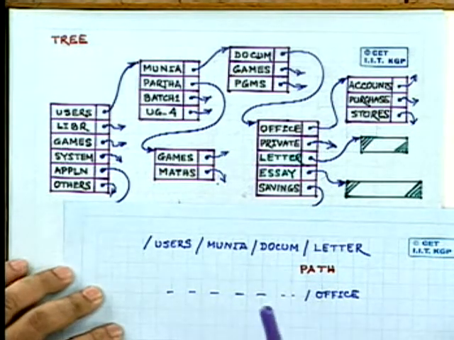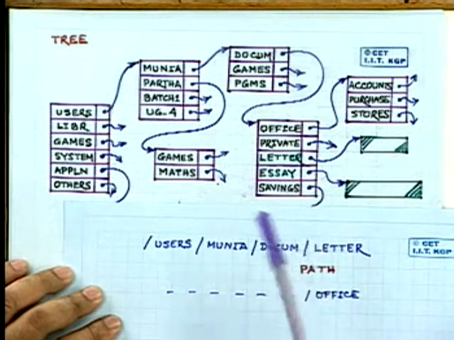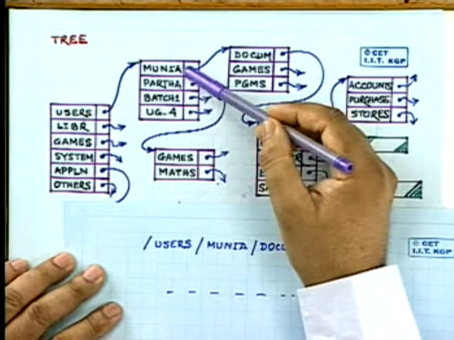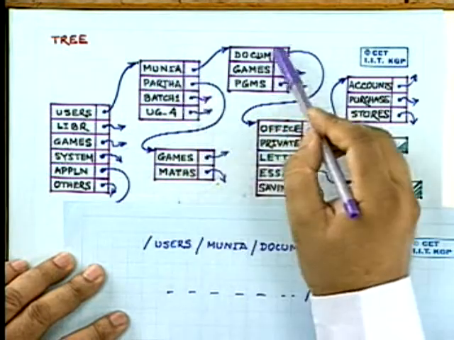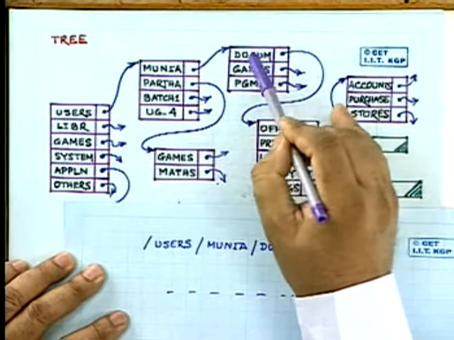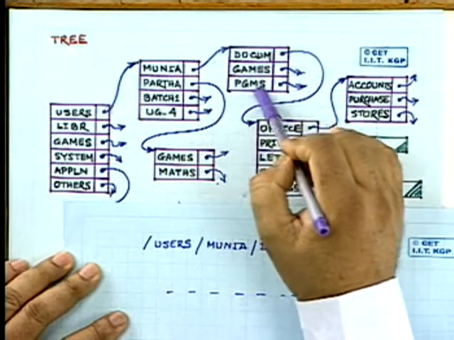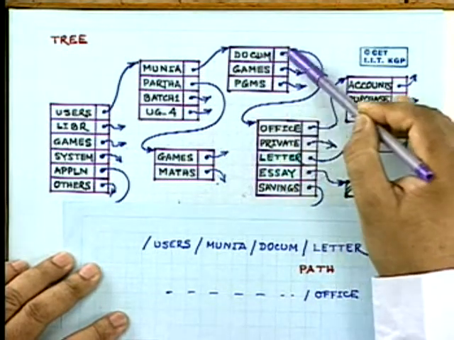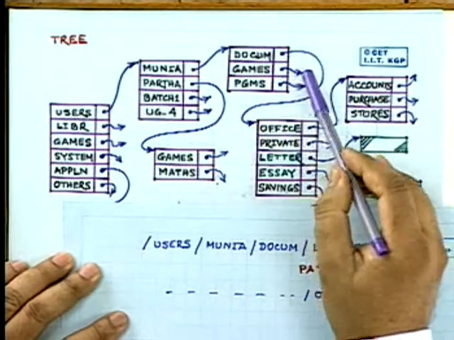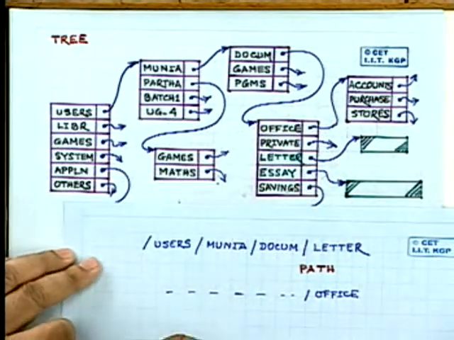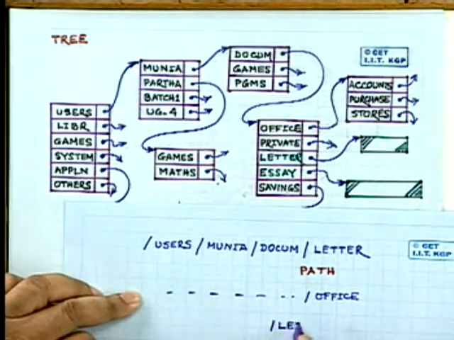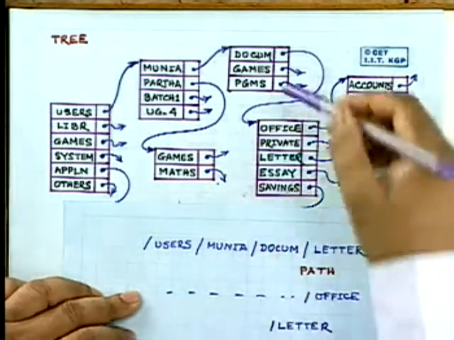Now, sometimes we can talk about a relative path where we can define, say, a working directory of a particular user. For example, for the case of Munia, the working directory of Munia can be this subdirectory, and therefore whenever she logs on, she goes into this directory automatically, and therefore her relative path name for later will be simply later, right?